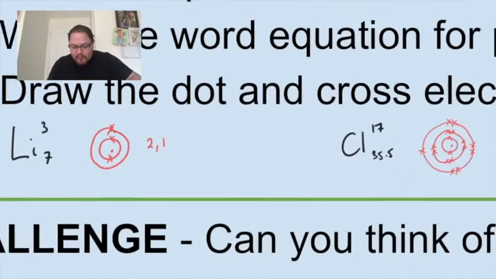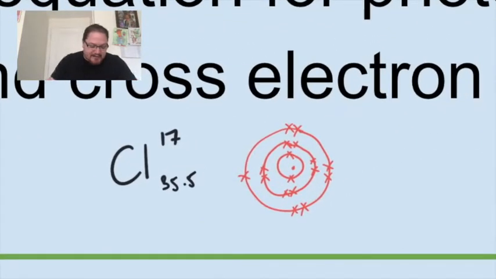Then if we move over to the chlorine, it's got 17 as the small number. That's the atomic number, which is the number of protons or electrons. We've got 2 on the inner shell, and then hopefully you should remember, if you've done this, it's 8 on the next shell. You go around the clock: 12 o'clock, quarter past, half past, quarter to, and then back around.